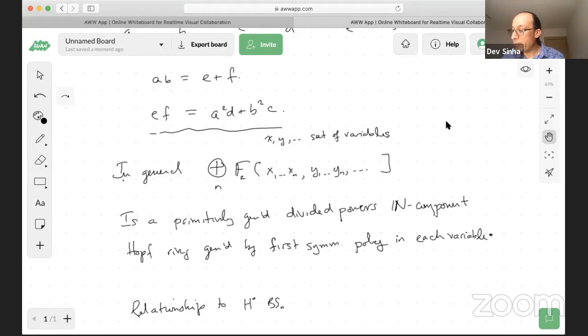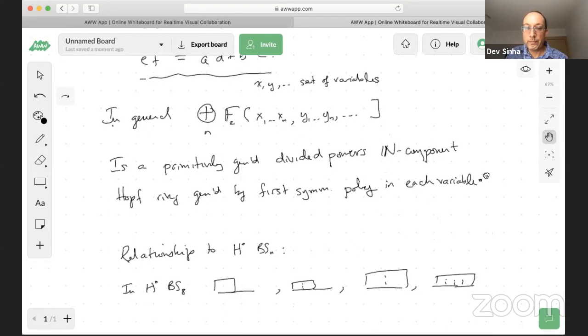So in cohomology of BS8, we have classes that look like this. Sorry, let me show you.